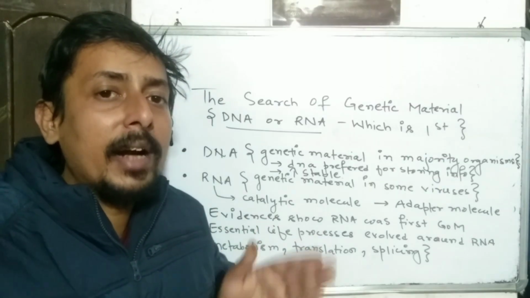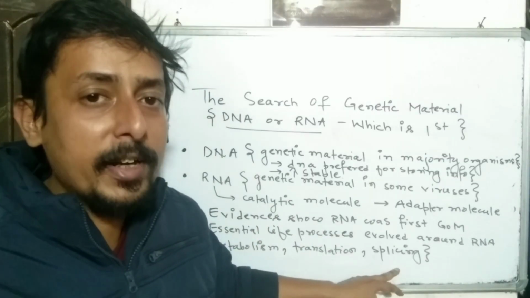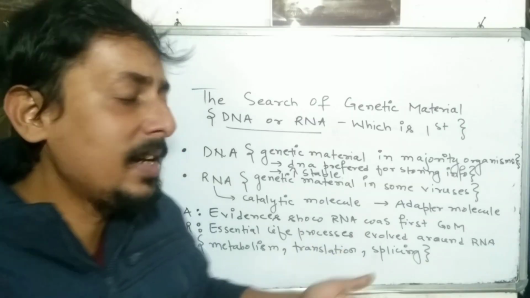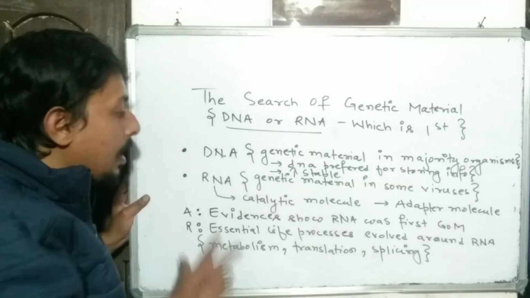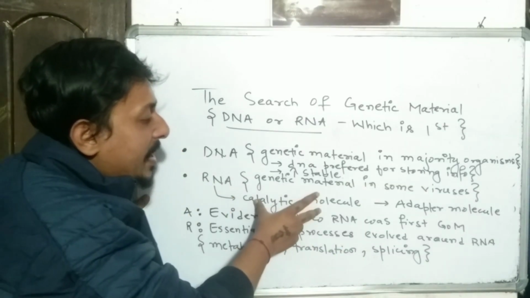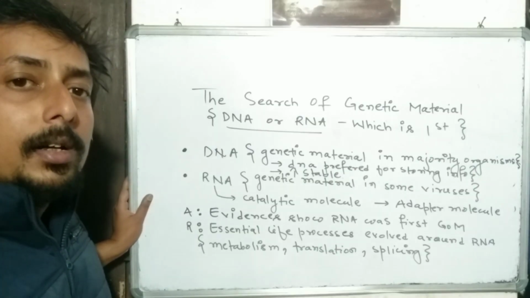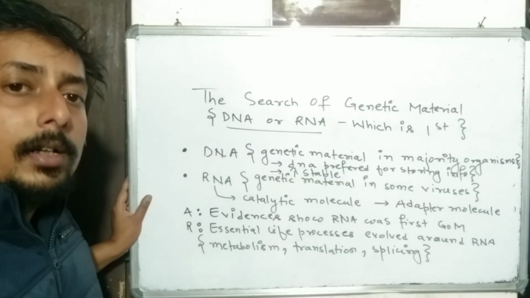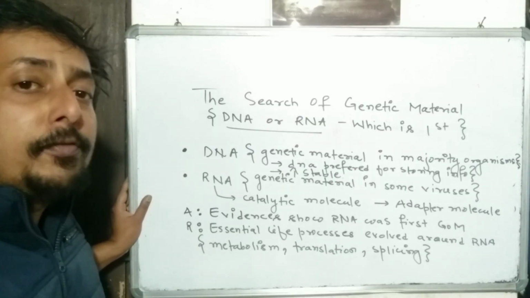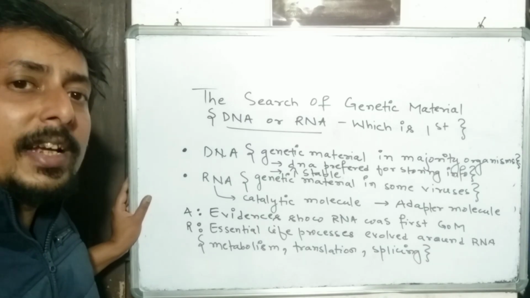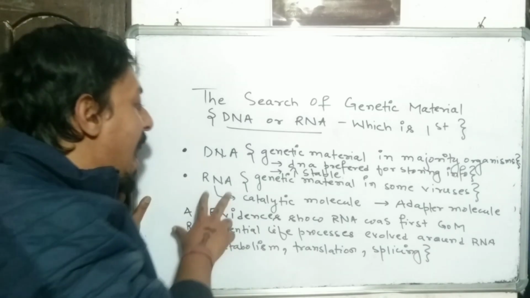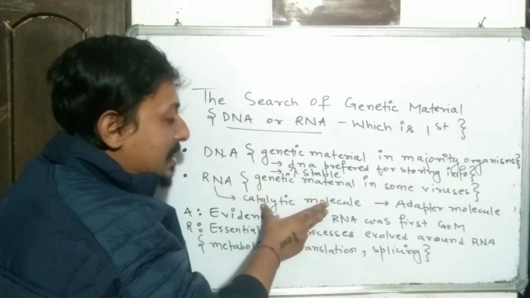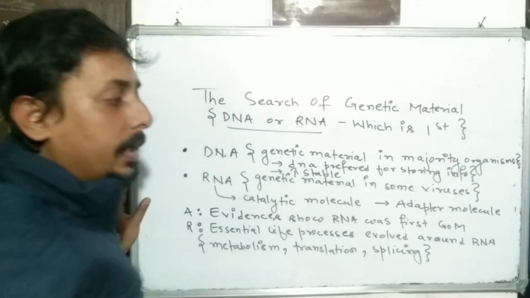There is cutting done on that RNA, and that process is called splicing. We will see it in detail in other videos. Again, RNA is a catalytic molecule. Many enzymes that are necessary for metabolism and for the cell to work in a proper way are RNA. So therefore they are enzymes, therefore catalytic in nature.